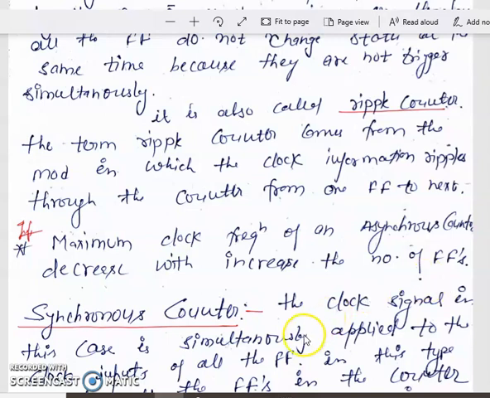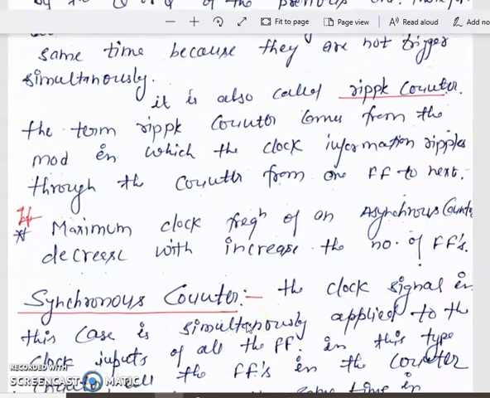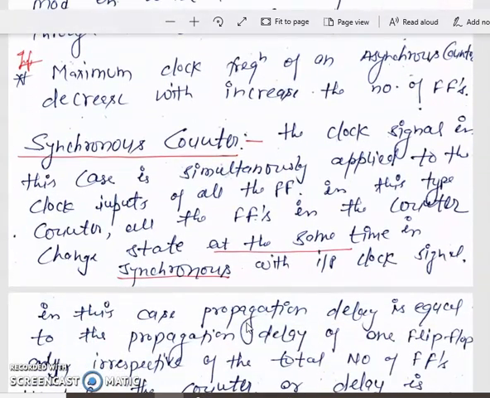Next one, the synchronous counter. What is the meaning of a synchronous counter? The main difference, or definition, of the synchronous counter is that the clock signal is fed to all the flip-flops at the same time, with the same clock pulse.